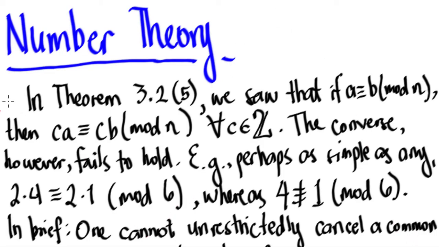Okay, so in theorem 3.2 part 5, we saw that if a is congruent to b mod n, then for any c, if we multiply c to the left hand side of the congruence and c to the right hand side of the congruence with the same modulo, the congruence is preserved.